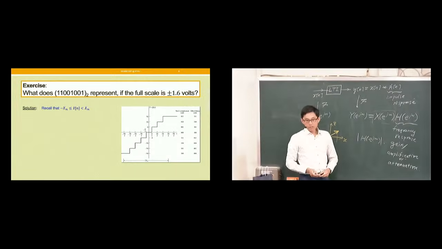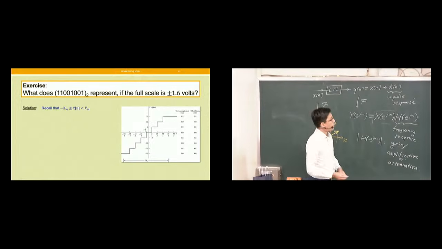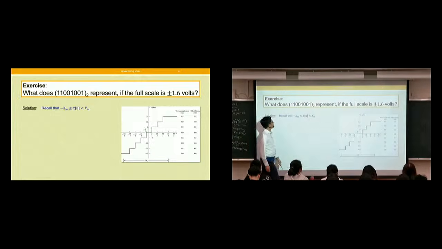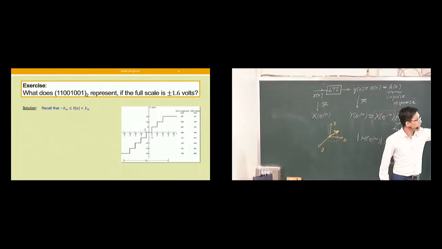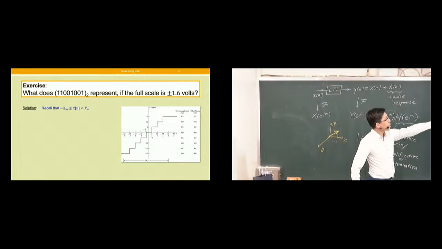All right, so now an exercise before we leave. If our full scale in this example is plus or minus 1.6 volts, and I have an 8-bit binary representation, then what does this code represent?